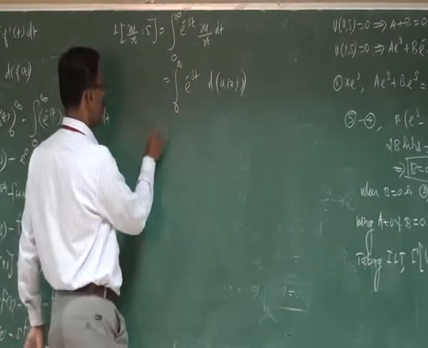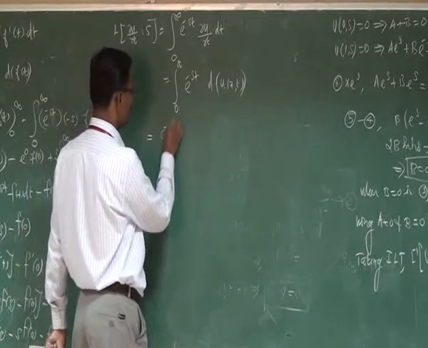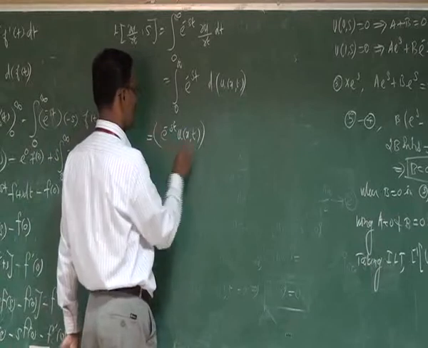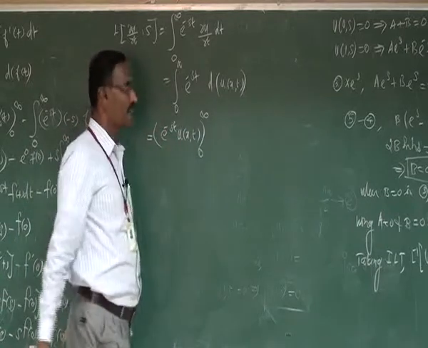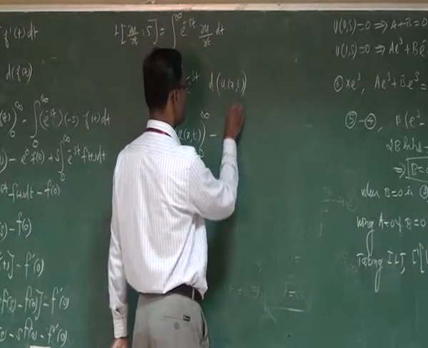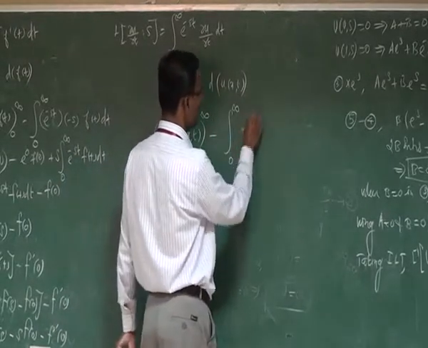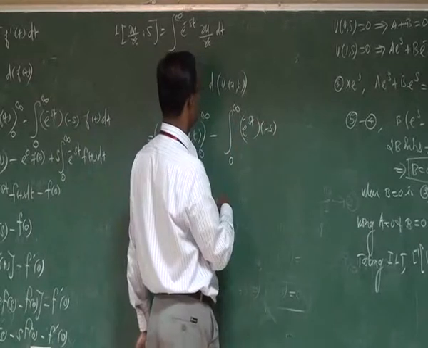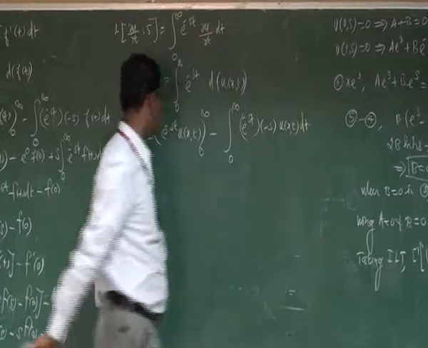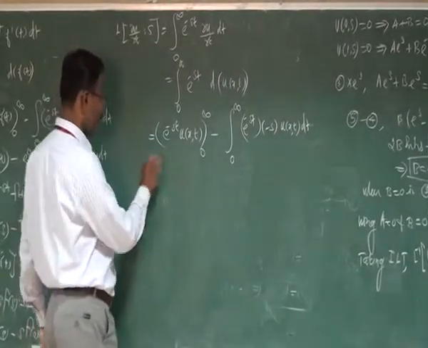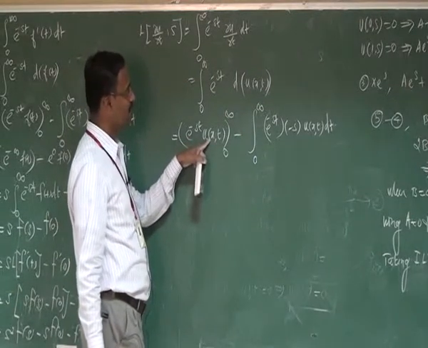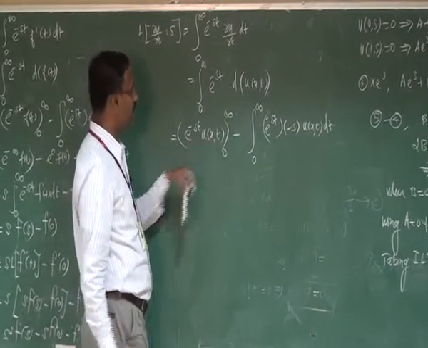By using the by parts formula, it is equal to e power minus st into u of x comma t, limit 0 to infinity, minus integral 0 to infinity e power minus st into minus s into u of x comma t dt. Here the upper limit substitution is 0, and for the lower limit we replace t by 0.